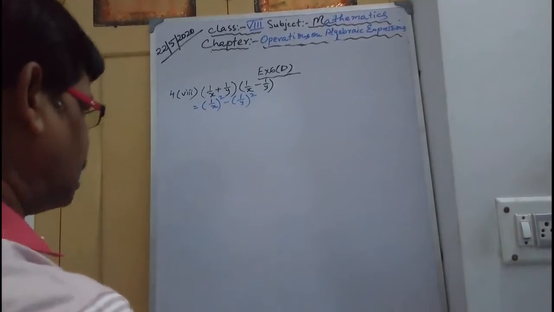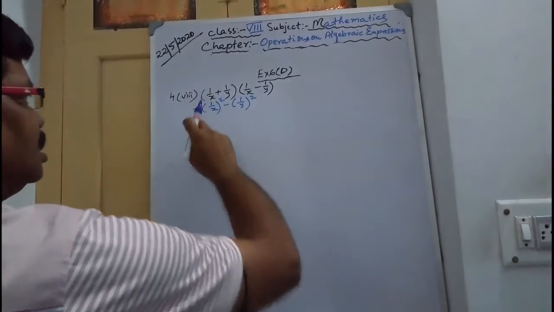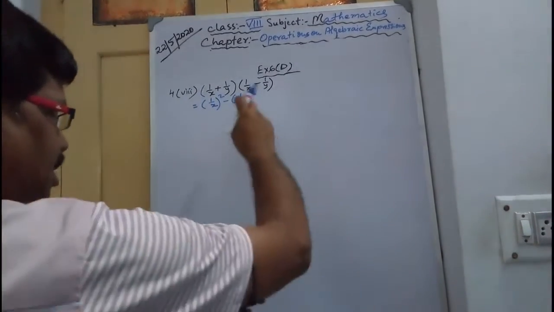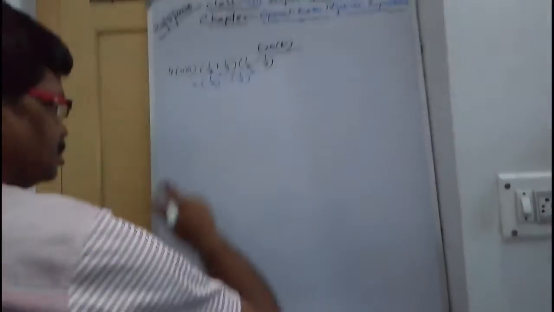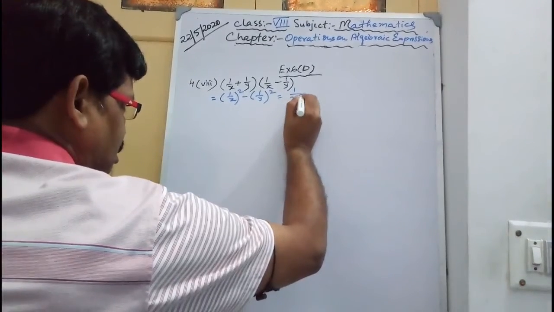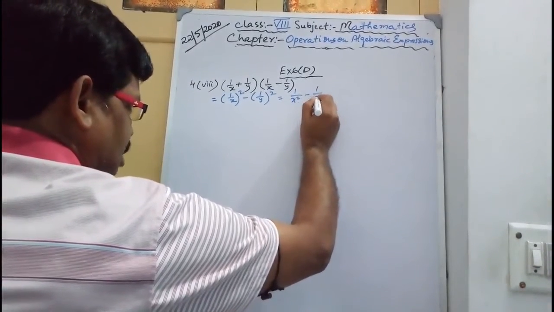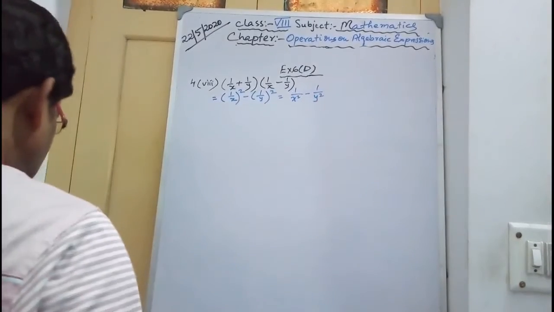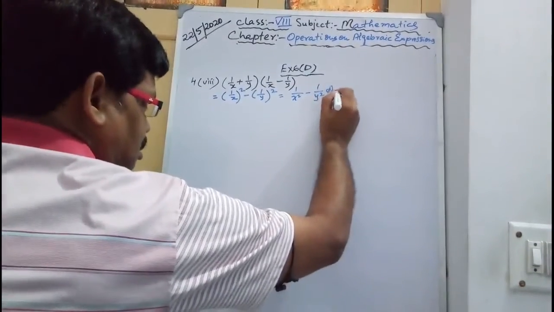By using that identity, in place of a, here is 1/x. In place of b, here is 1/y. So that is 1/x² − 1/y². That is the answer.